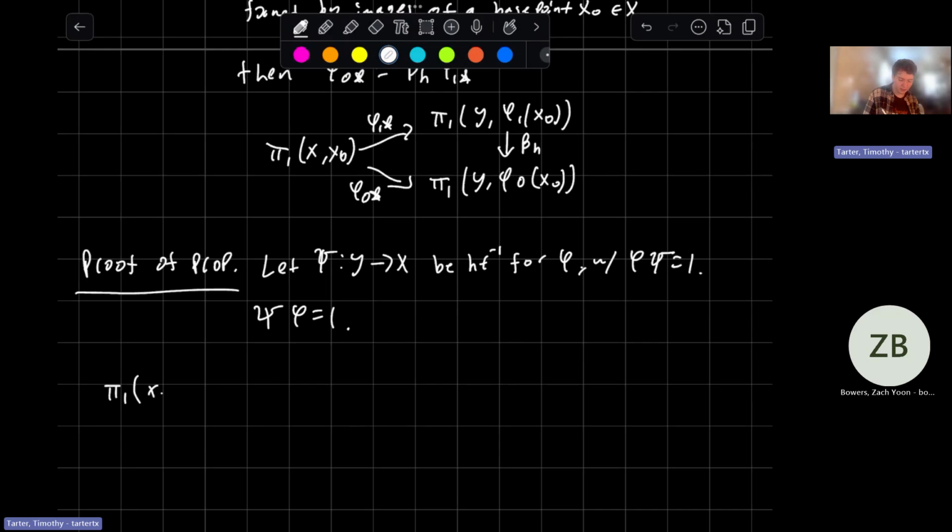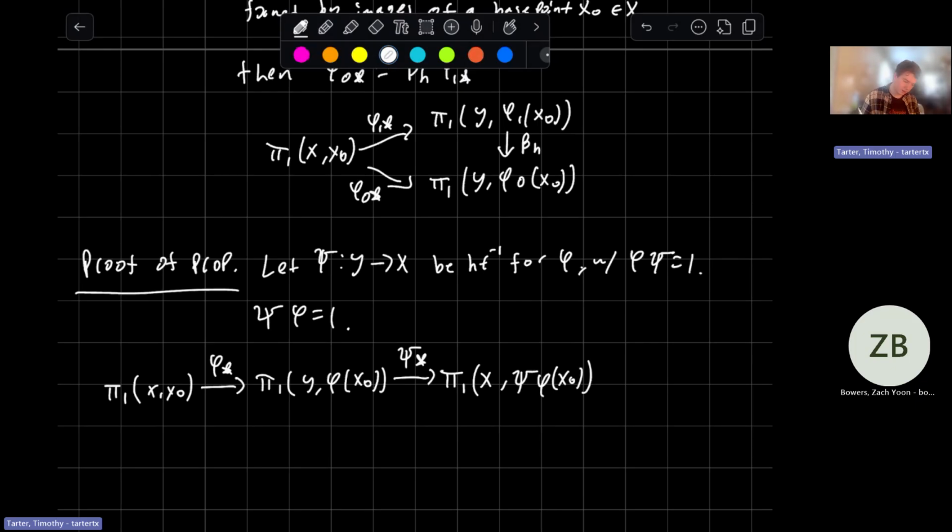Then pi 1 of X, x naught goes by phi star to pi 1 of Y, phi of x naught, goes by psi star to pi 1 of X, psi phi of x naught, which goes by phi star to Y, phi psi phi.